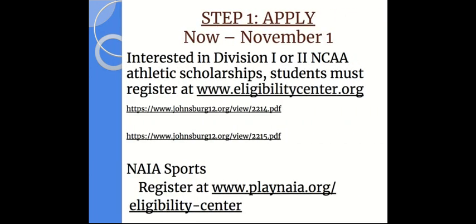Okay, we're still on step 1. If any of you have students interested in college athletics, there is an eligibility center they have to register with for NCAA and one for NAIA. Those are different conferences. Division III NCAA is not part of the eligibility center, but 1 and 2 are.